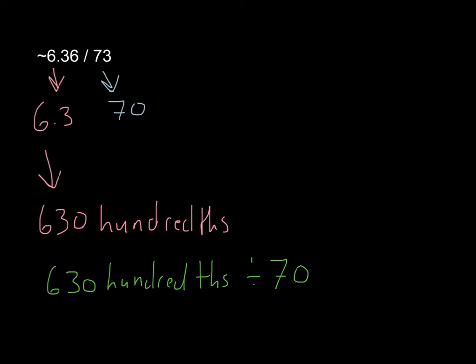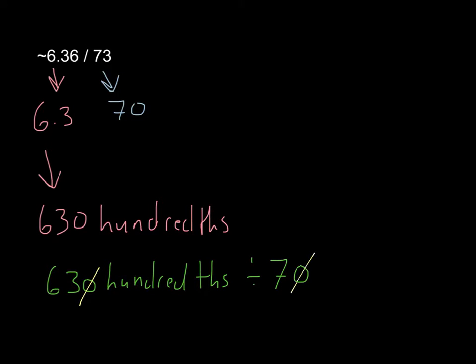When I solved it, I did the same thing again. I rounded 6 36/100ths to 6 3/10ths, which I rounded to 630/100ths, and I rounded 73 to 70. Okay? Coming down to the bottom, once again, I get 630/100ths divided by 70.